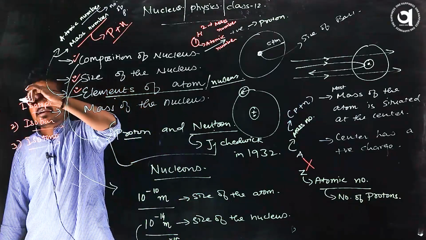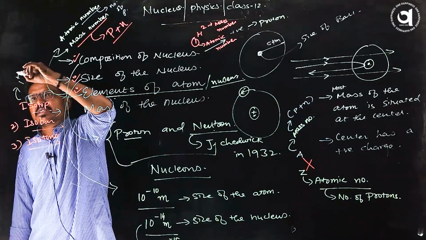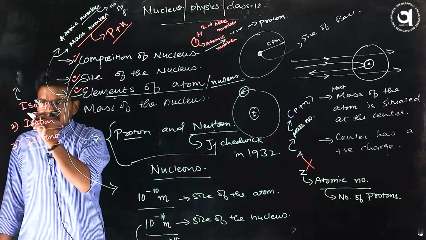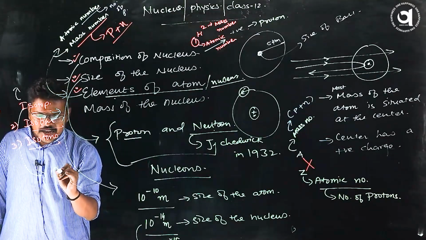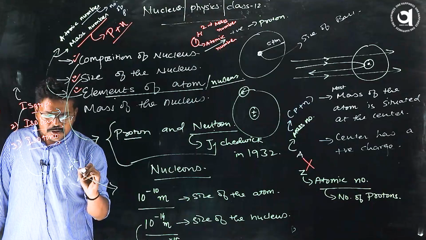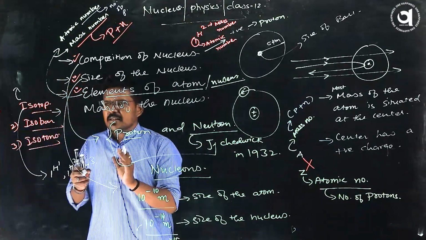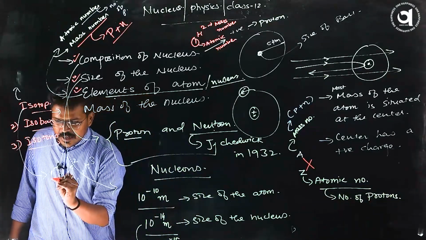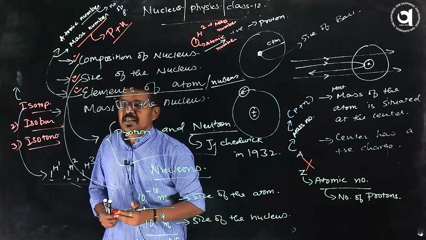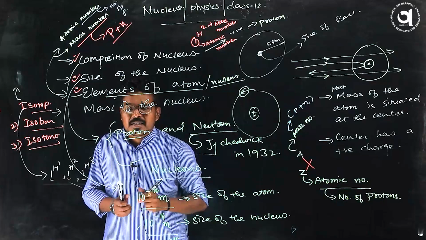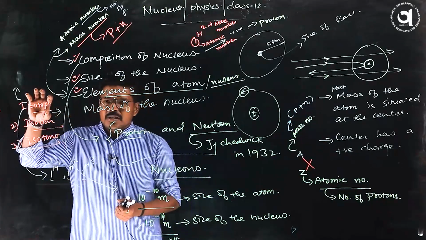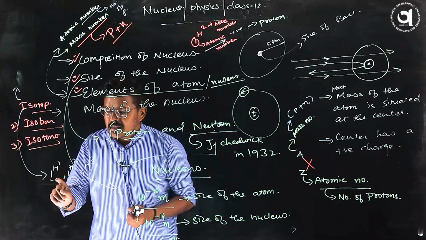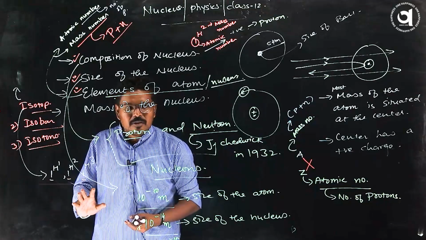So let's see what is isotope first of all. Here I will write 1H1, 1H2, 1H3. What things are common here? You can see that 1, 1, 1. Their atomic number is the same. So we can say isotopes are the elements which have the same atomic number.